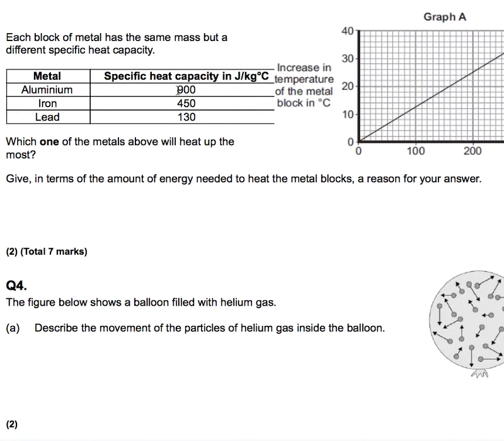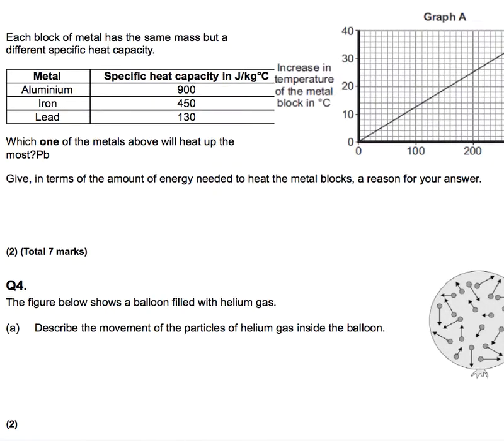It takes 900 joules to raise the temperature of 1 kilogram of aluminium by 1 degree C, whereas it only takes 130 joules to raise the temperature of 1 kilogram of lead by 1 degree C. And so if you supply 15,000 joules, the lead will heat up most. Lead.